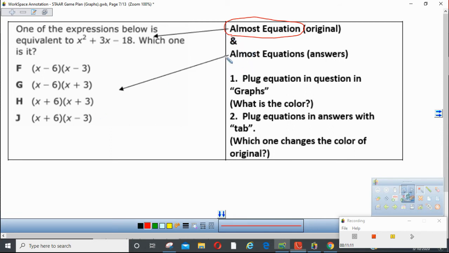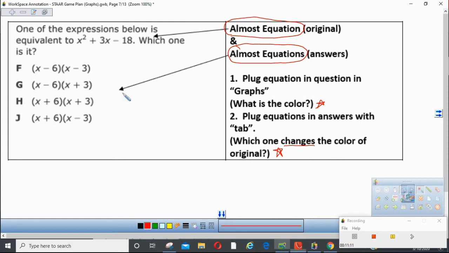And down here we have almost equations. Just like when we had one a couple problems back where it had an equation here, and these were all equations, we found the color of the original one, and then when we typed in our answers, we saw which one made it change colors. So this is the exact same thing, it's just without an equal sign.